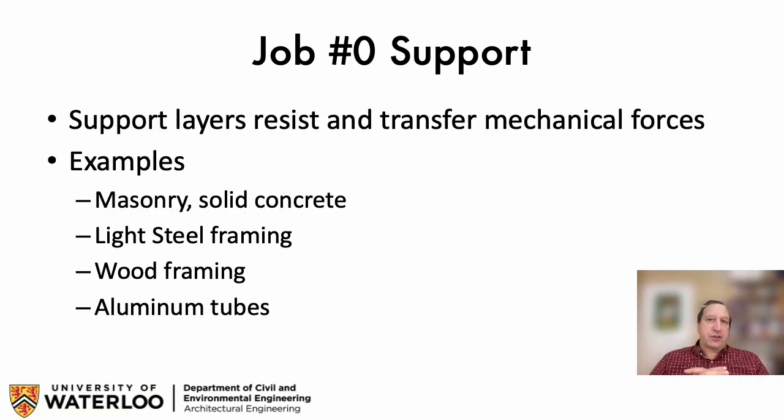So just to review here, the support function of the building enclosure is job number 0, as I described it. If we don't get that, we need a support so that we can do the other stuff. These support layers collect, resist, and transfer mechanical forces to the superstructure or the foundation, but they are sometimes commingled with the superstructure.